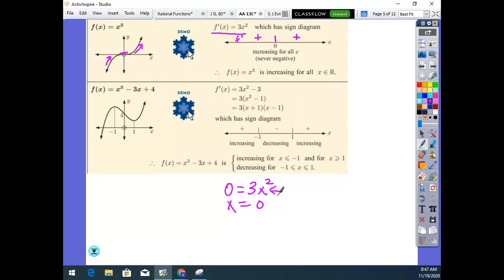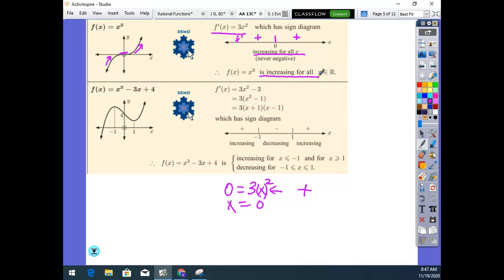And look at the derivative. It doesn't matter what number I plug in for x, I'm always going to get a positive value. So if it's always positive, that means it's always increasing. And it's never decreasing.